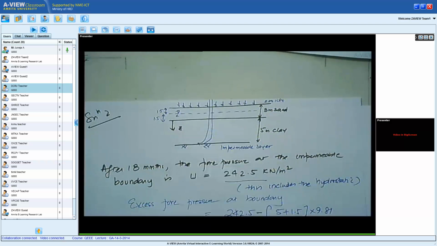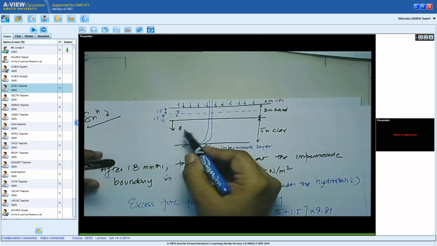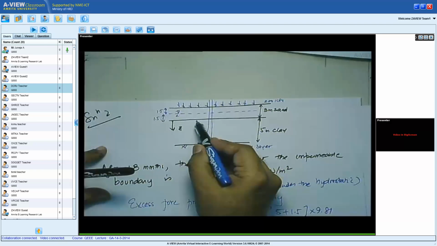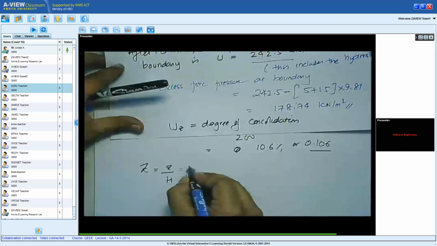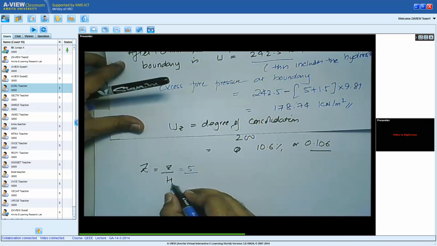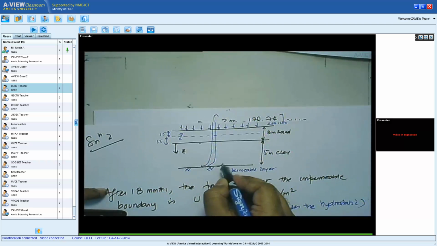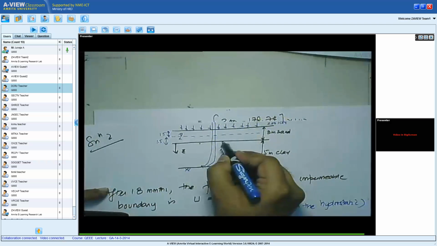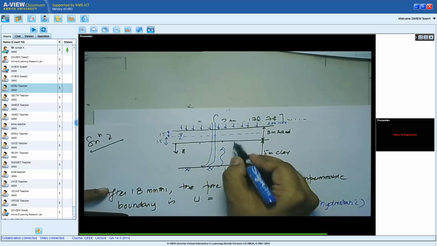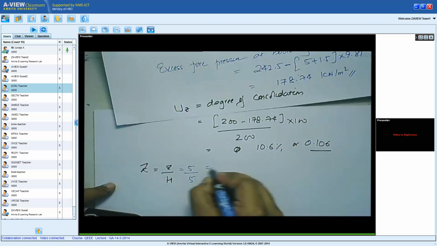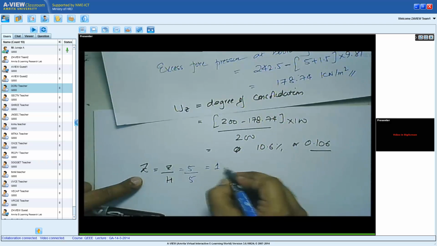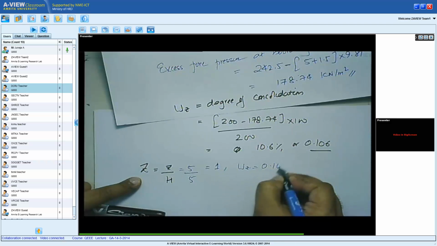So in this case, Z equals 5 meters. What about the denominator? It is the maximum distance the water will have to travel, all the way up to the drainage boundary, which is a sand layer. So capital H is also 5. So can I say capital Z is 1, Uz is 0.106.